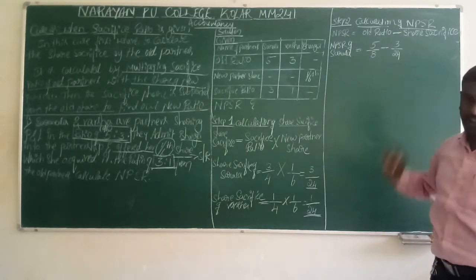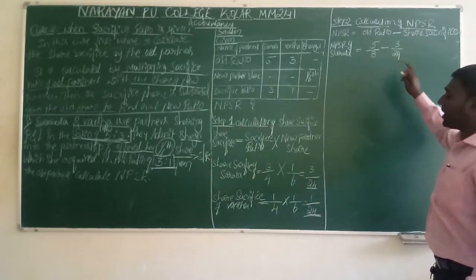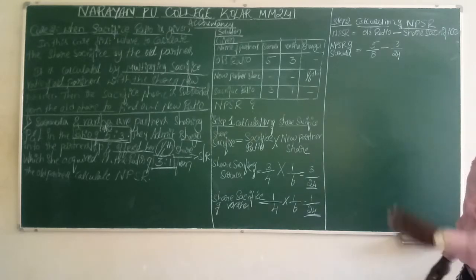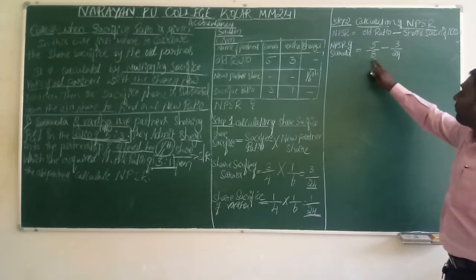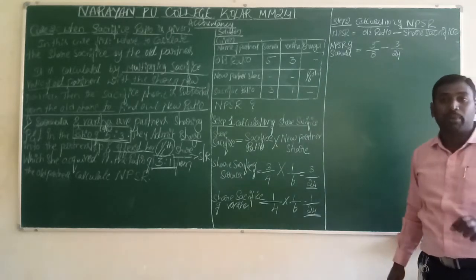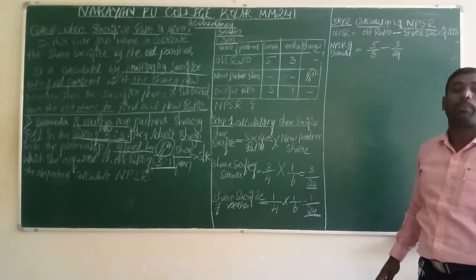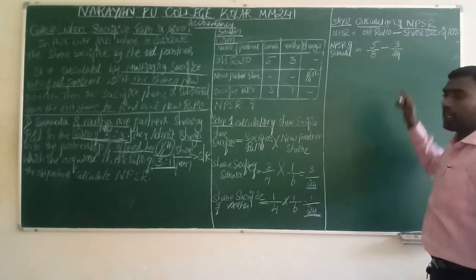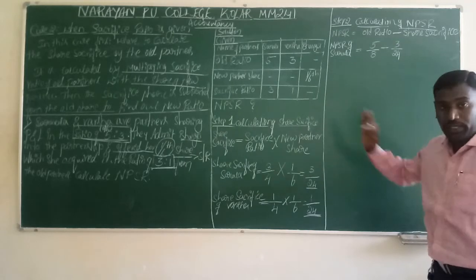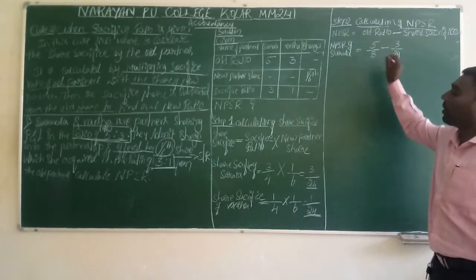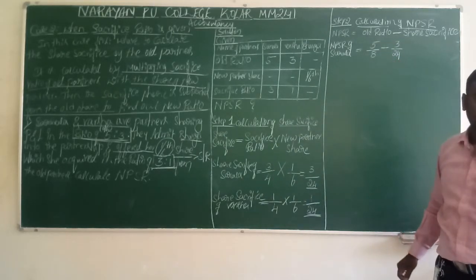Now we simplify. Whenever we calculate ratios directly, we have to look at the denominators. If the denominators are divisible by a particular number, we cancel or divide. If not divisible, we multiply and consider that as the base.